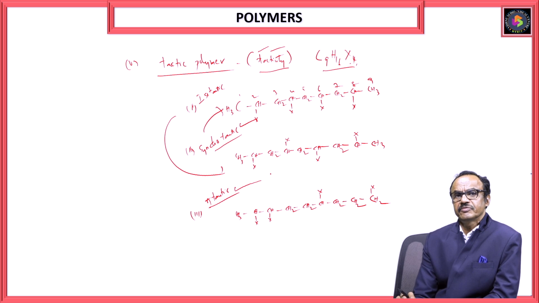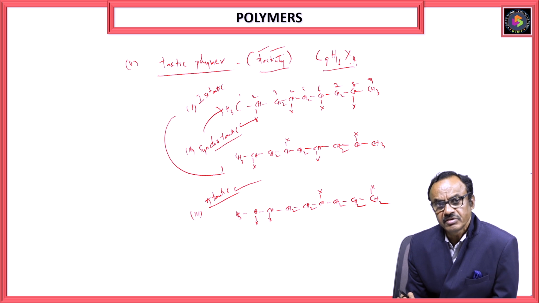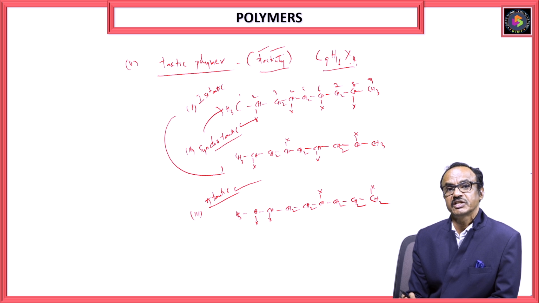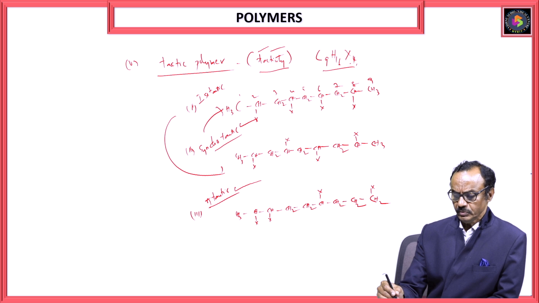So tactic polymers are classified based on the arrangement of the functional groups attached to the main chain. If the X atoms are on the same side with respect to the main chain, it is called syndiotactic, not isotactic.